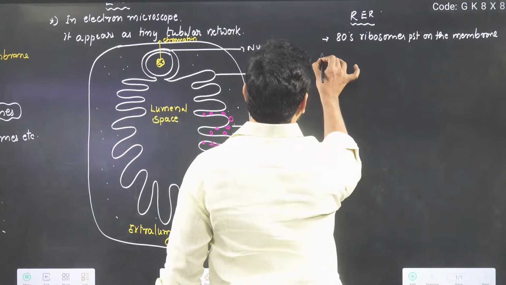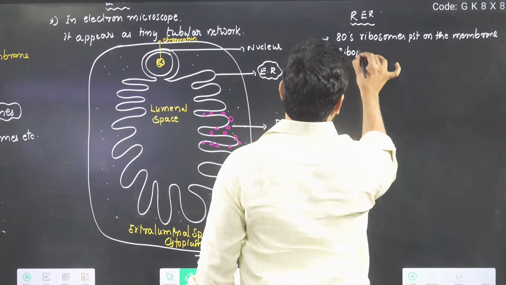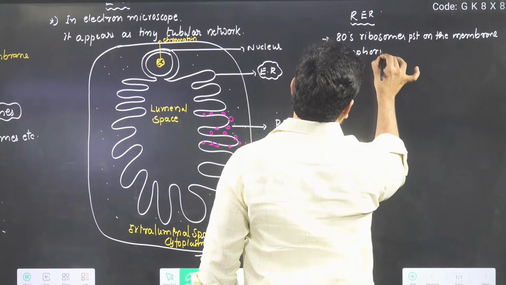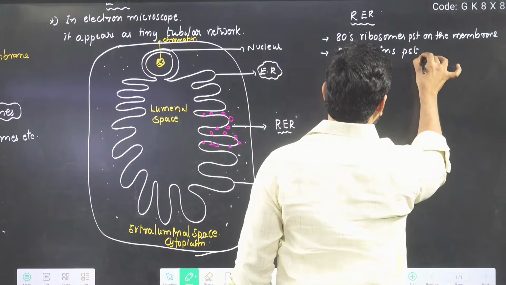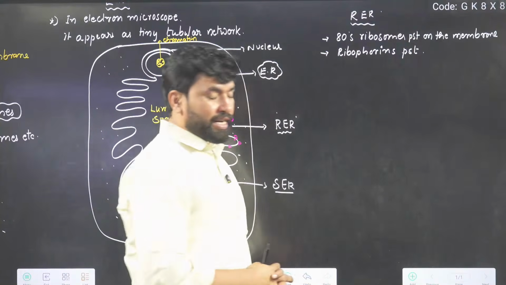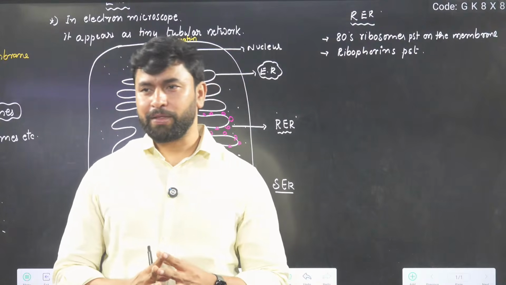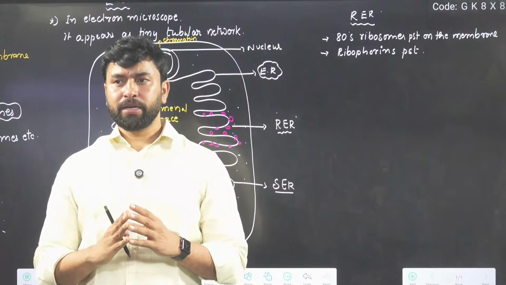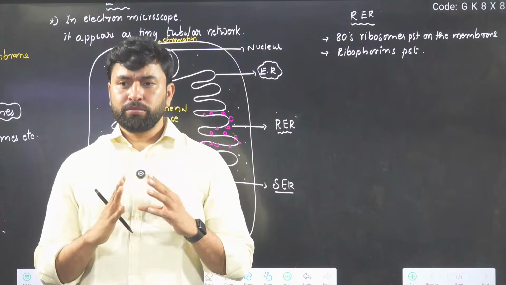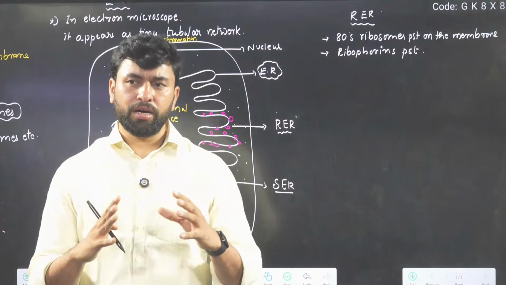Next one. In order to attach ribosomes on the surface of the endoplasmic reticulum, they have a special type of attachment called ribophorins. You were saying some areas of the endoplasmic reticulum have ribosomes attached, and some areas have ribosomes absent.